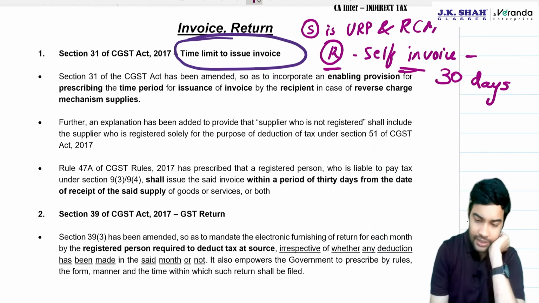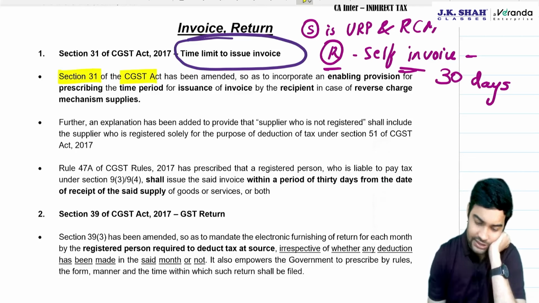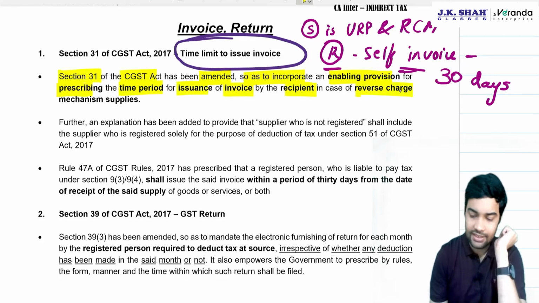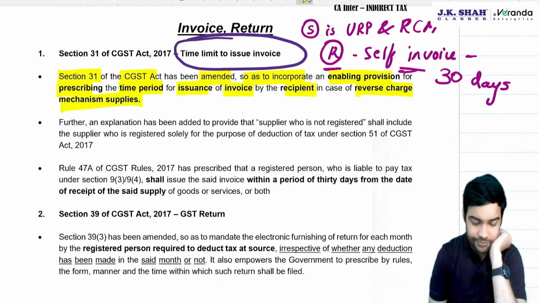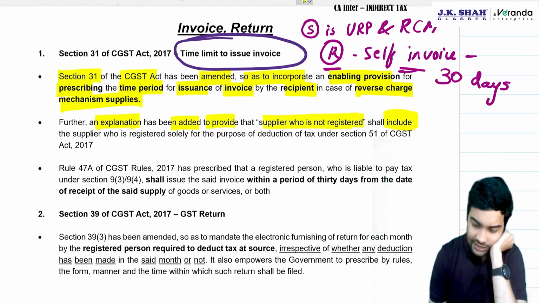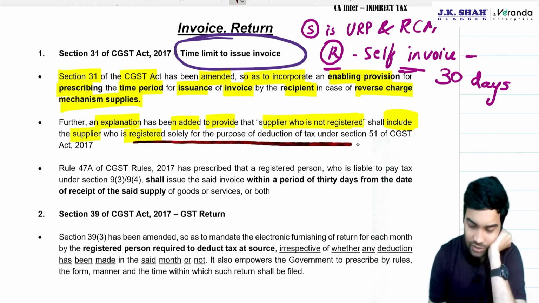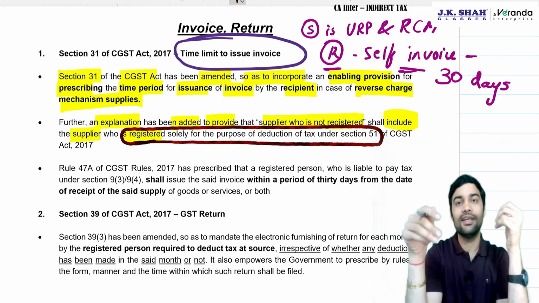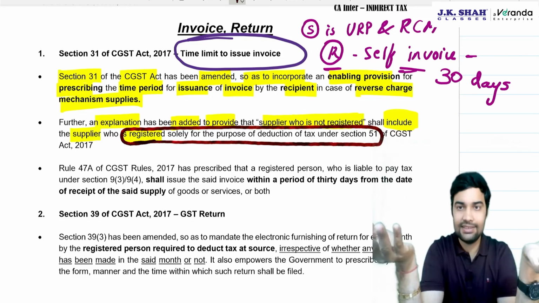Let's read it. Section 31 of CGST Act has been amended to enable prescribing a time limit for issuance of invoice by recipient in case of reverse charge mechanism. Further, an explanation has been added to provide that a supplier who is not registered shall include a supplier who is registered solely for deducting tax, like CBI, etc. CBI is registered only for TDS.